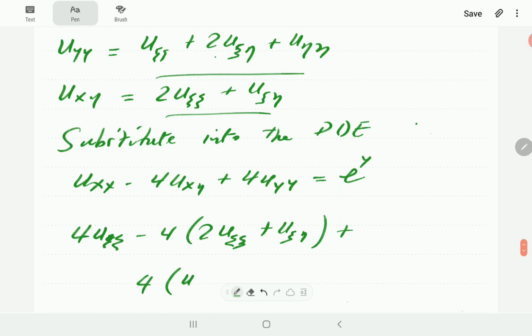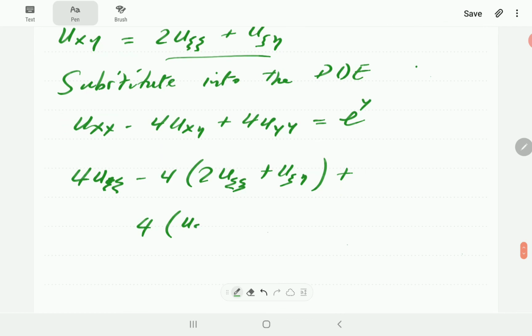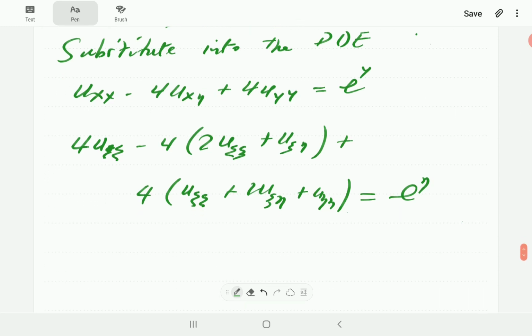So that one is u xi xi 2u xi eta u eta eta, and then the right hand side is e to the y, which we can simply write as e to the eta, because we've chosen eta to be y.